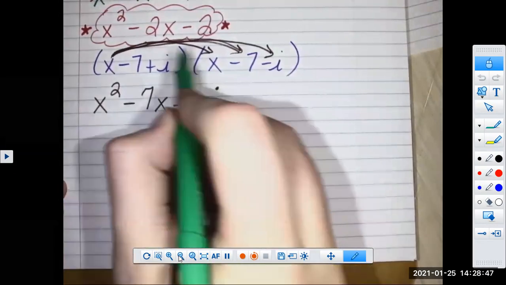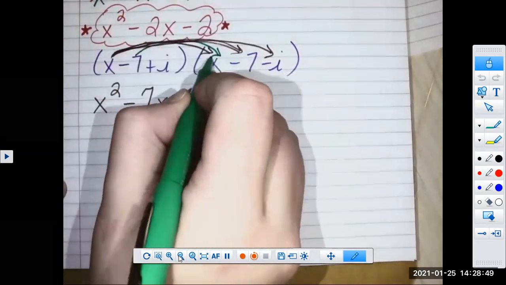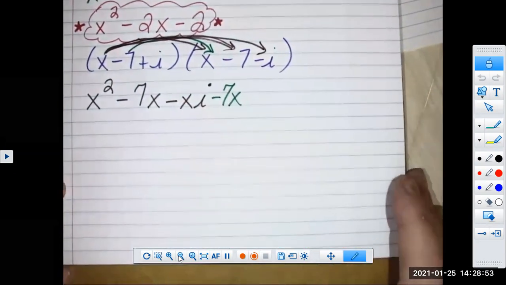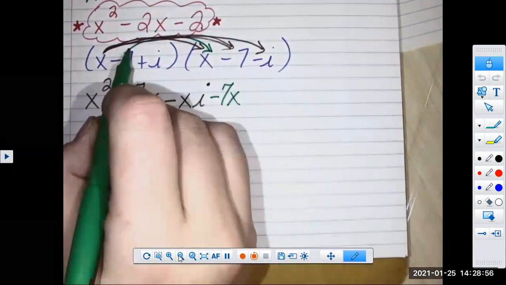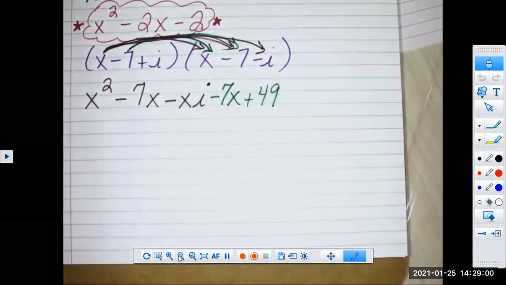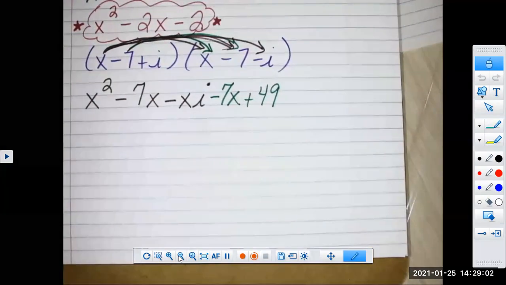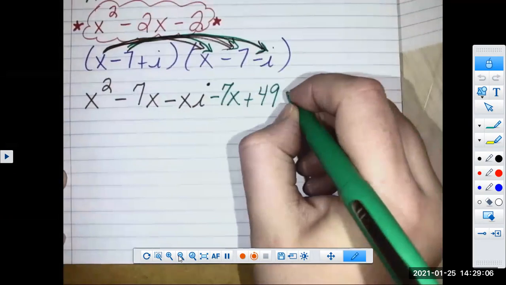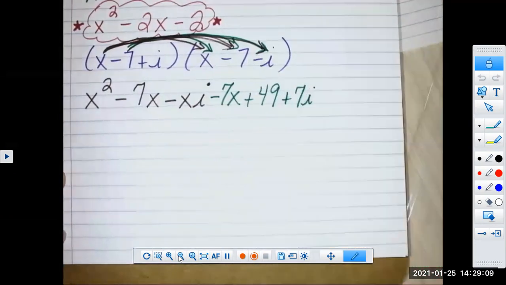Multiply -7 to x. Multiply -7 to -7. Multiply -7 to -i, so you get +7i.